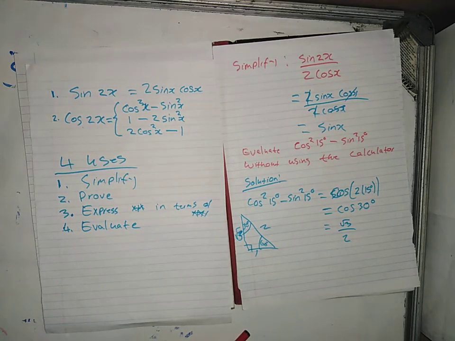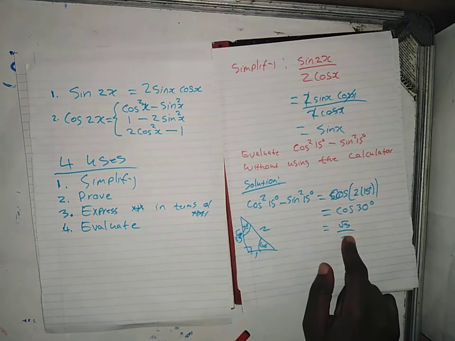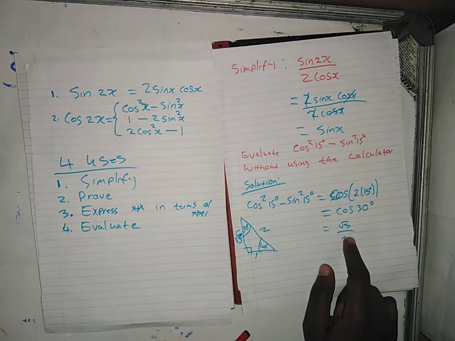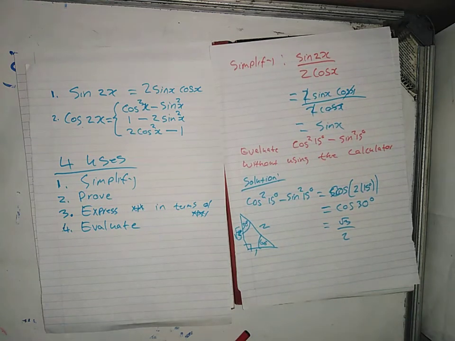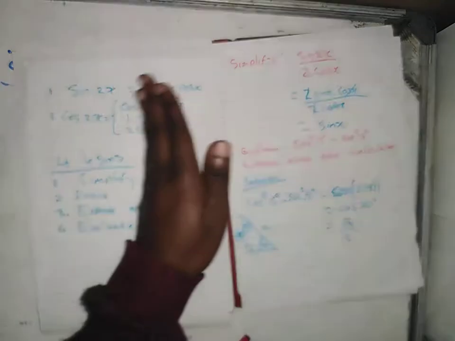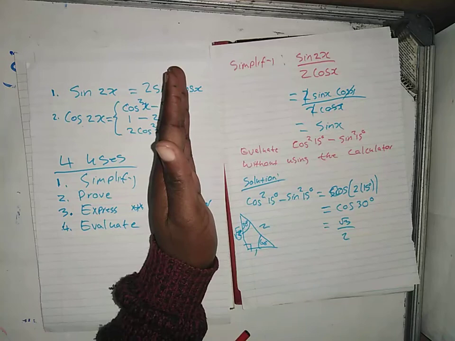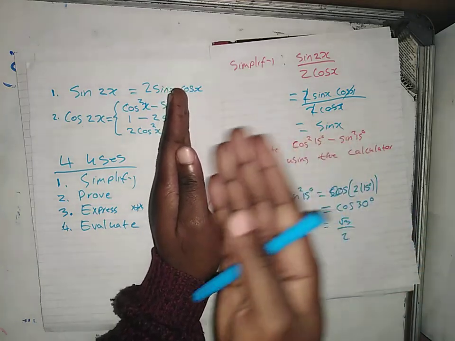Now listen, personalities. It can happen that some of you don't believe this. If you don't believe this, you can go to the calculator and punch this exactly, and you will end up with this. Now it goes back to what I said earlier, that if you get something on this side, you can replace it with something on this side, but sometimes you get something on this side and you will have to replace it with something on that side.